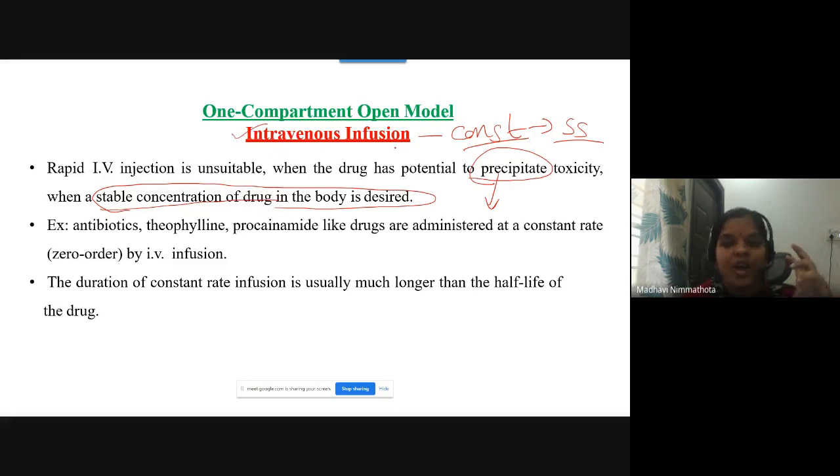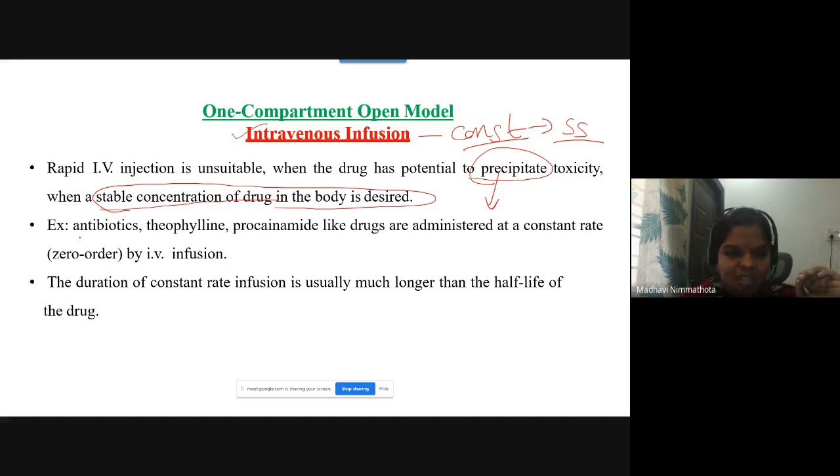In case of IV bolus, we get rapid metabolism and rapid elimination, so you prefer these kinds of drugs only for IV bolus. In case of intravenous infusion, drugs that precipitate toxicity, or have unstable concentration in the body at the desired site, may be unsuitable.